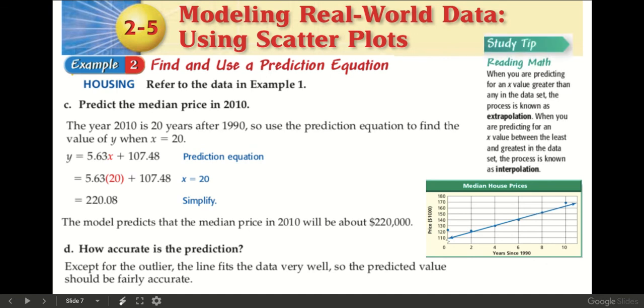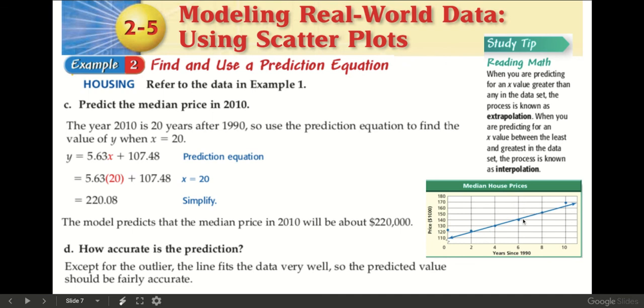So when you're using your prediction equation for a specific x value outside of your data set, so this is my data set, since I picked a value that was way outside of my data set, that's what's known as extrapolation. So I use my prediction equation to extrapolate that pattern, right?